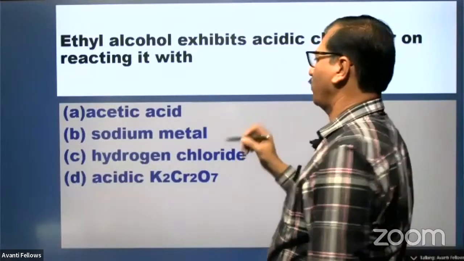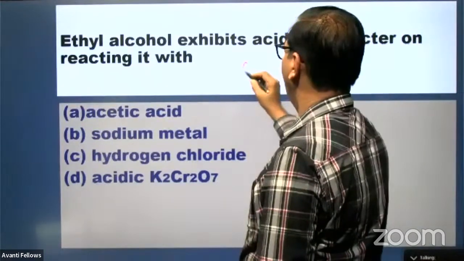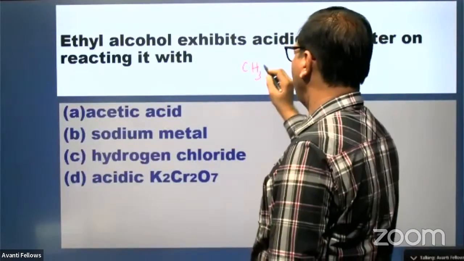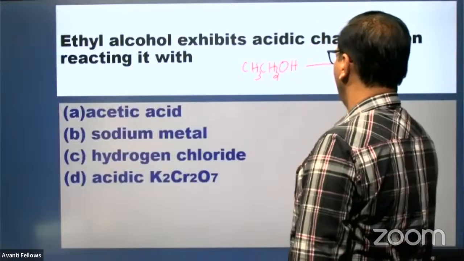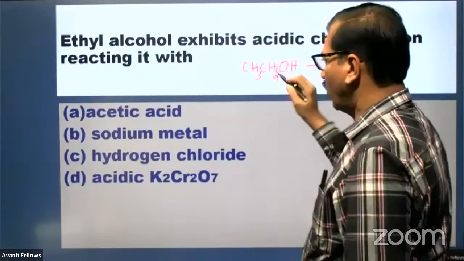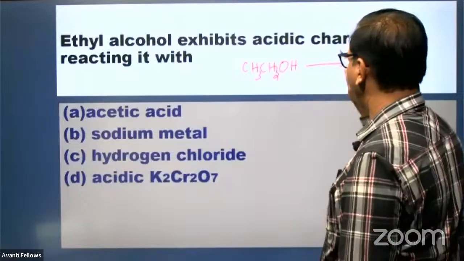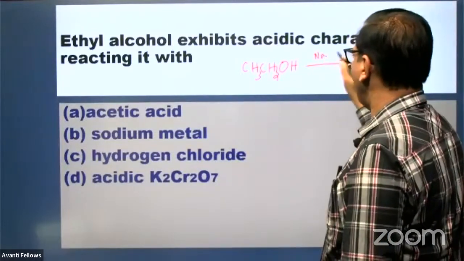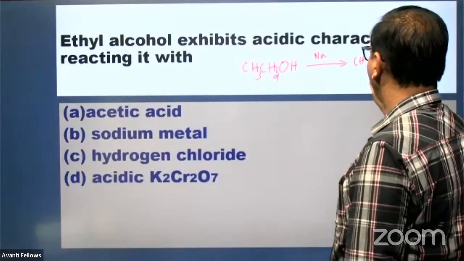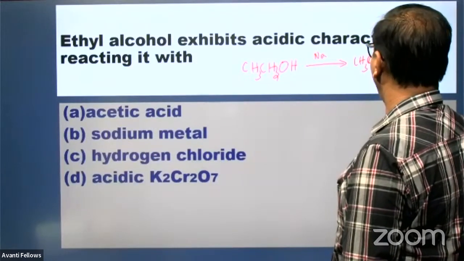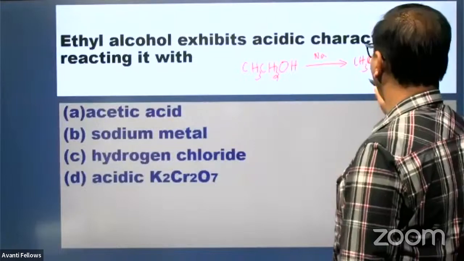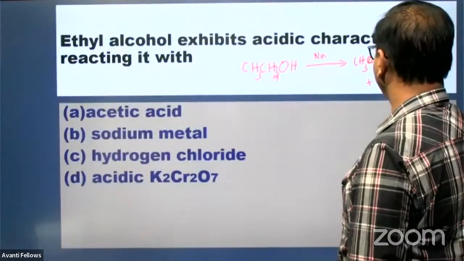Option B, sir. Option B, sure? Right. Why do you say the option B? Ethyl alcohol, CH3CH2OH. Okay. So to show its acidic character, you need to react it with sodium so that you get a salt, CH3CH2ONa, this is the salt, plus hydrogen gas.